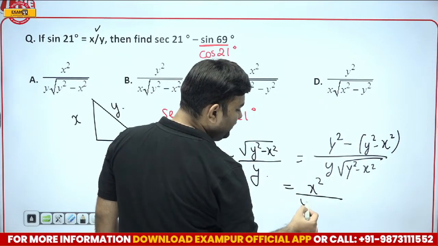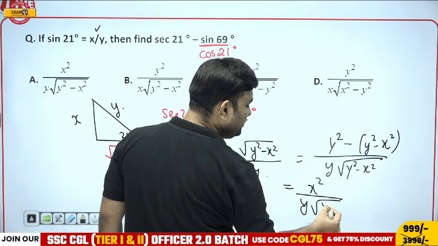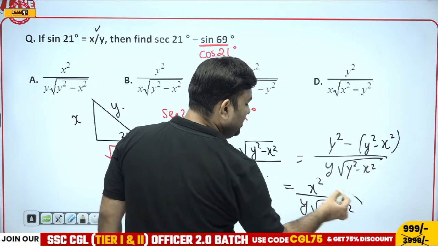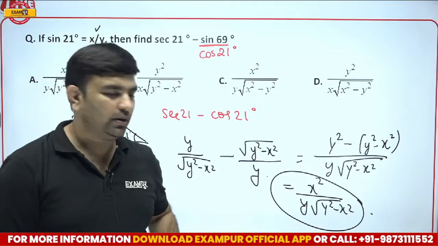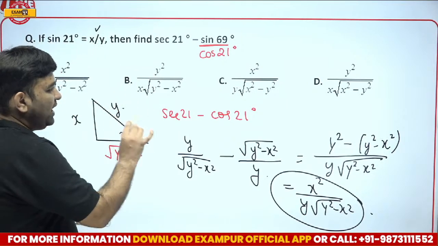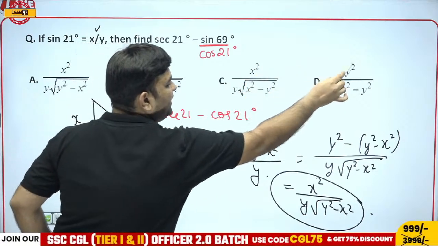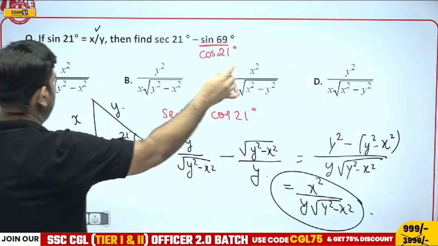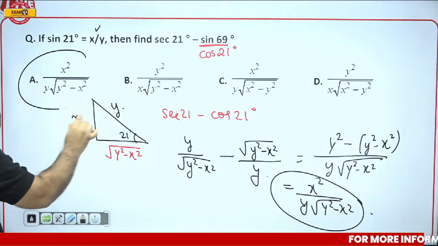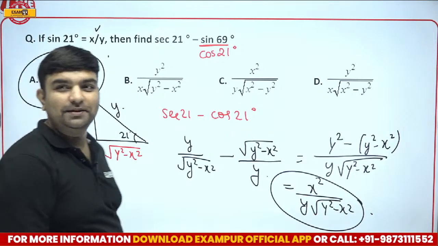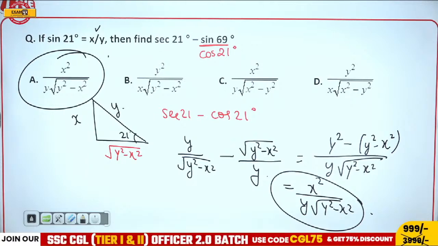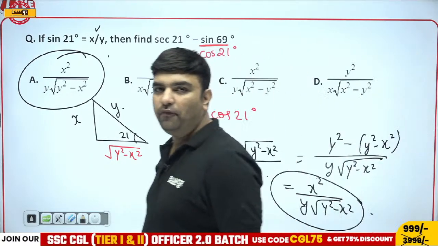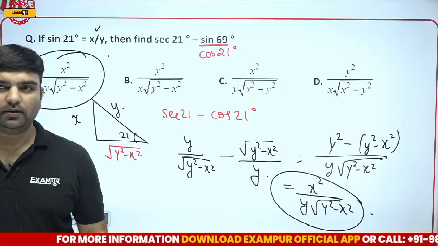The answer is x square over y under root of y square minus x square.